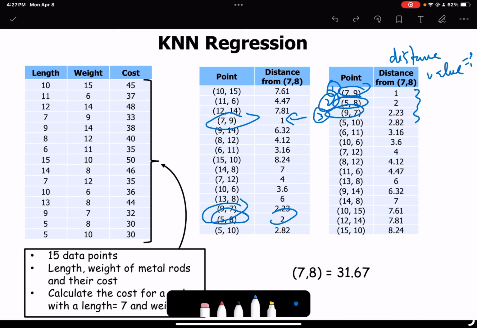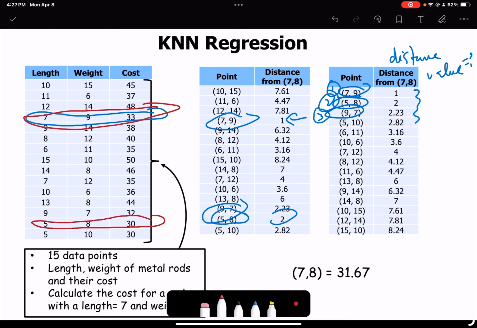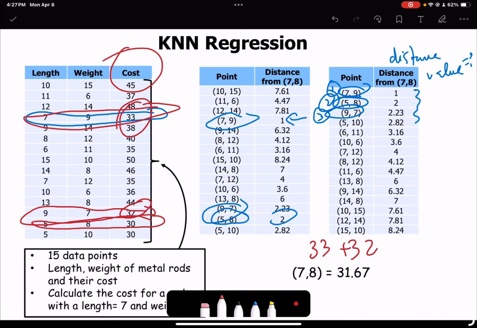We have chosen the data point 7 and 9, the next is 5 and 8, and the last one is 9 and 7, which has the minimum distance. We check the value of the cost, which comes out to be 33 from here, 32 from here, and 30 from here.